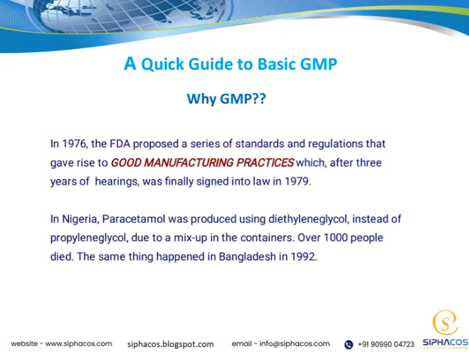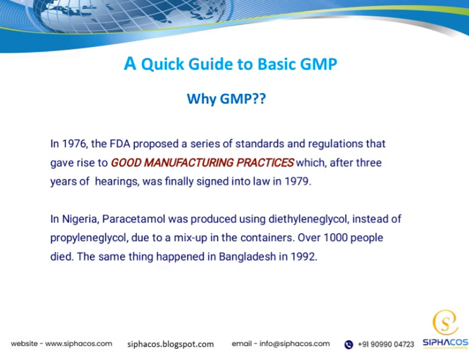So, why is GMP, or Good Manufacturing Practice, so important? Well, it serves as the foundation for ensuring the quality, safety, and efficacy of our products. Today, I'll give you a quick guide to the basics of GMP, so we all understand what it really entails. Essentially, GMP is a set of principles that guide us through every step of manufacturing, from raw materials to finished products.